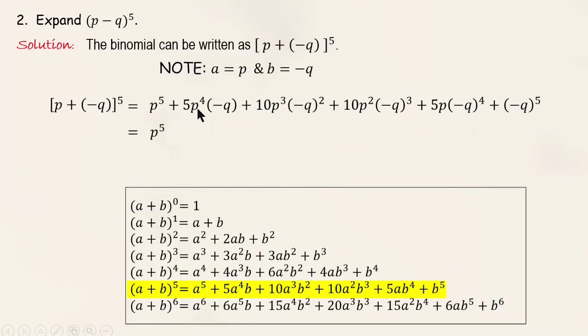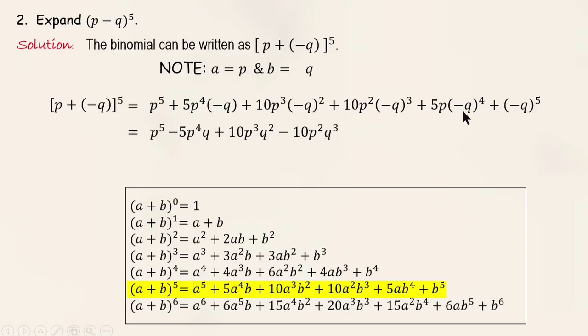Positive 5p raised to 4 times negative q is equal to negative 5p raised to 4 times q. The quantity negative q squared is equal to positive q squared times positive 10p cubed is positive 10p cubed times q squared. The quantity negative q raised to 3 is negative q raised to 3 times positive 10p squared is negative 10p squared times q raised to 3.